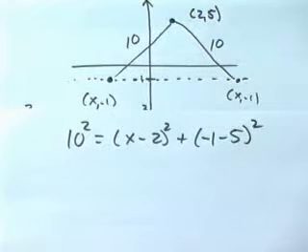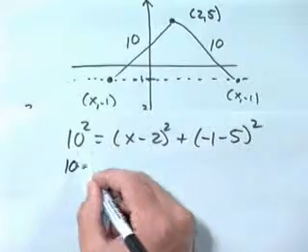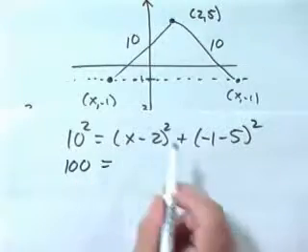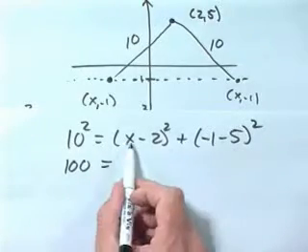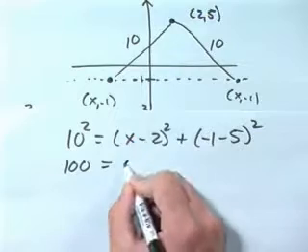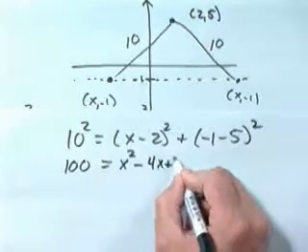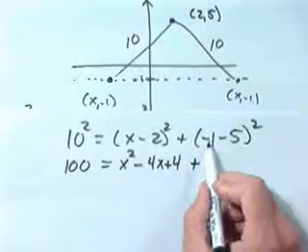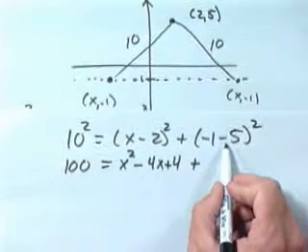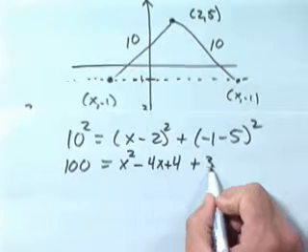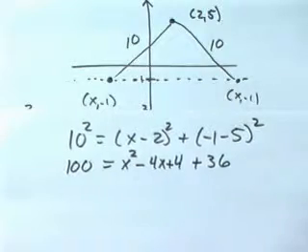Let's square everything. (x minus 2) squared, remember, you have to FOIL this binomial out. x squared minus 4x plus 4. -1 minus 5 is -6, squared. It's 36.